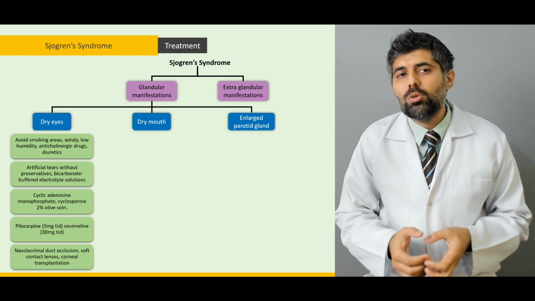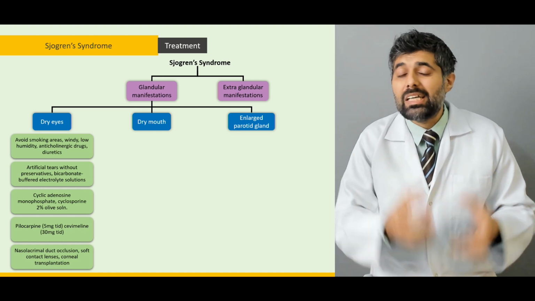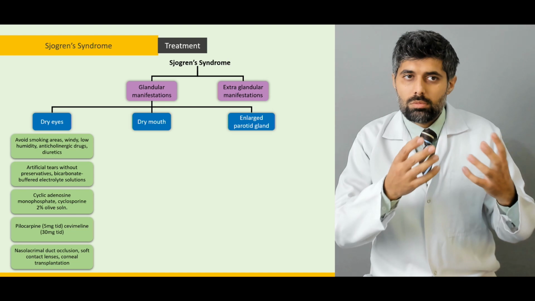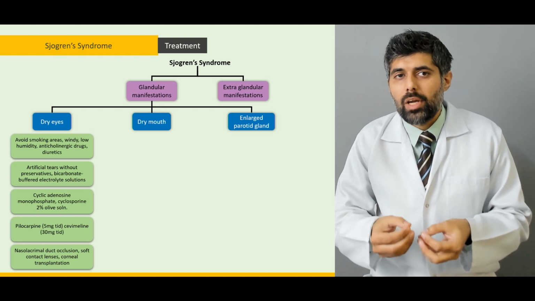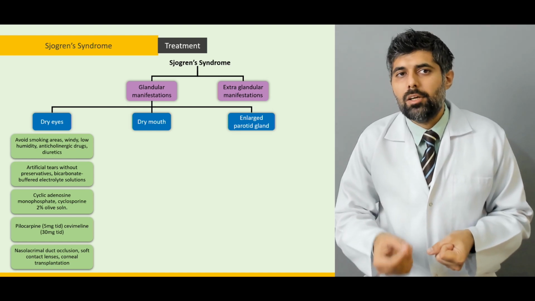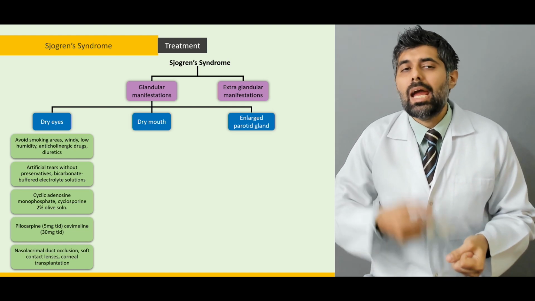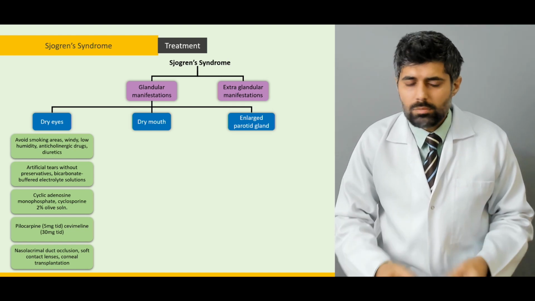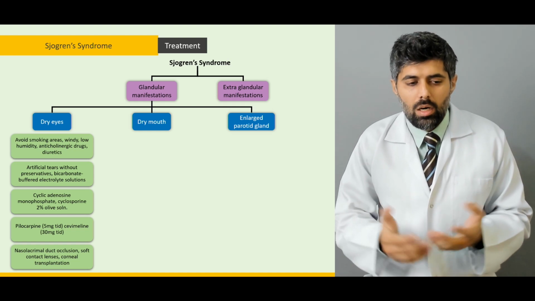Now, this occlusion causes the tears and the tear film to be contained inside the eye, so they do not drain into the nose. And even if the lacrimal gland is producing very few tears, they remain in the eye and lubricate it, because the drainage system has been occluded.